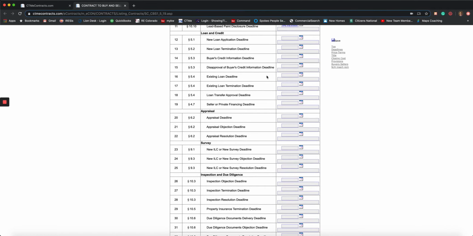Moving right along, loan and credit application deadlines. Traditionally speaking, I've been doing this for 6 years now, and I have very, very rarely used dates and deadlines 14 through 19. So we're going to focus on 12 and 13 here. New loan application deadline. I have seen this a few different ways. Some people will put in complete.